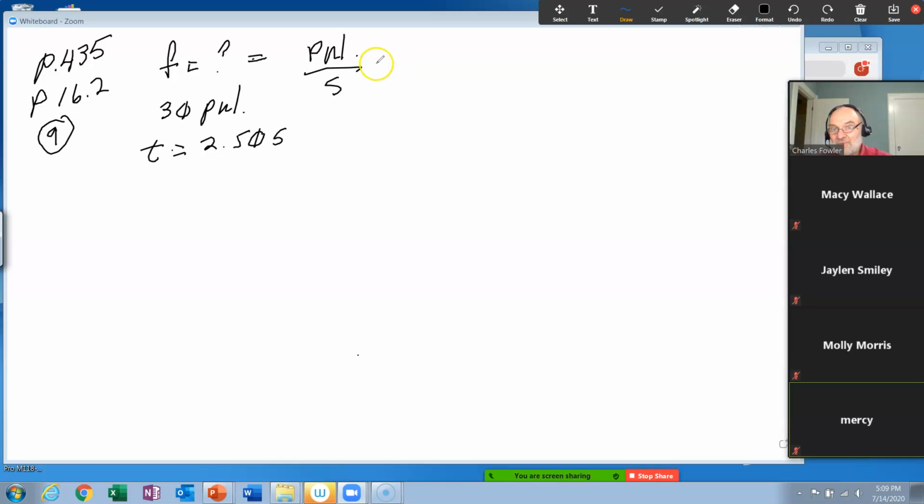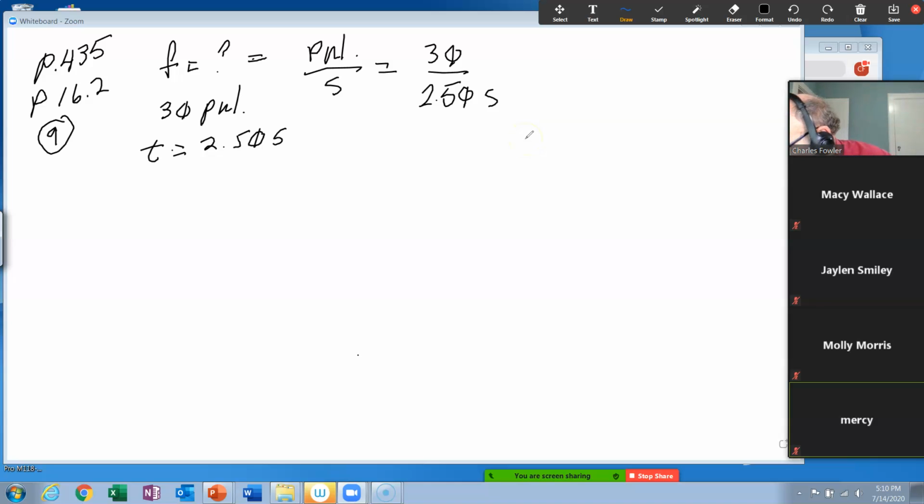So basically what you do is put 30 pulses divided by 2.50 seconds. Notice I didn't put a unit on the pulses because a pulse really doesn't have a unit, but time does, so that would be seconds.